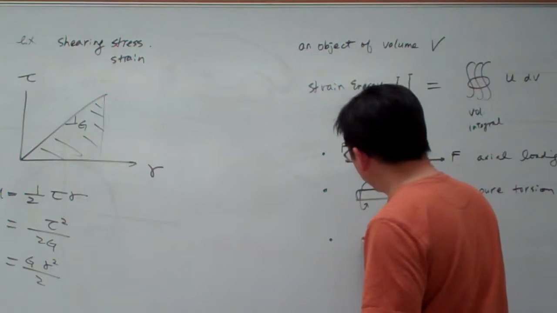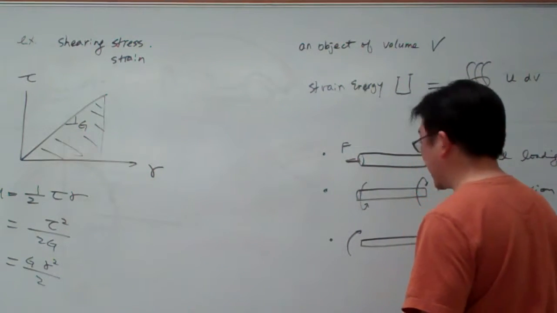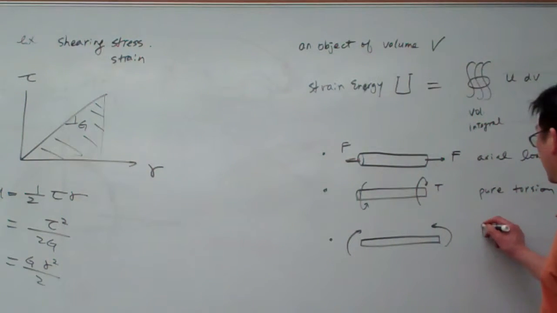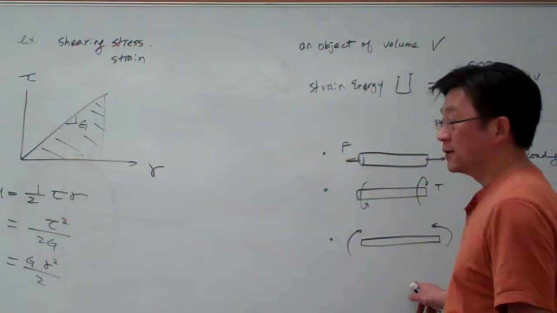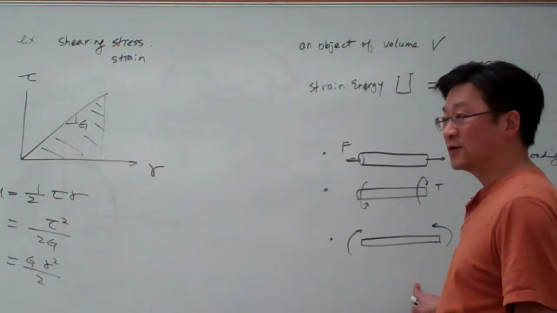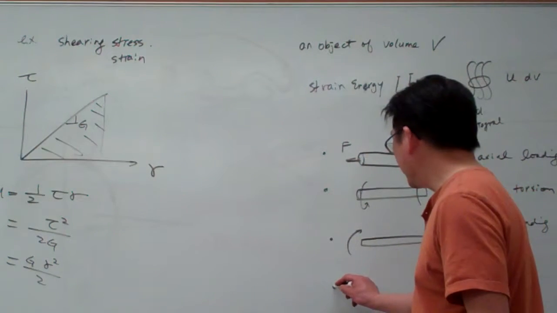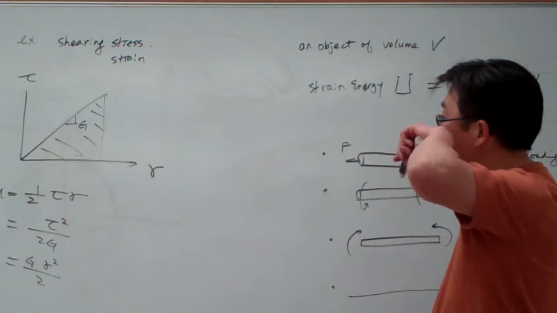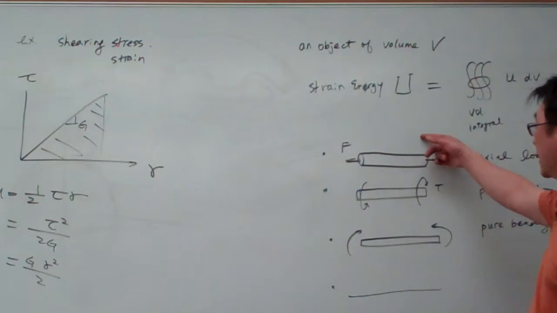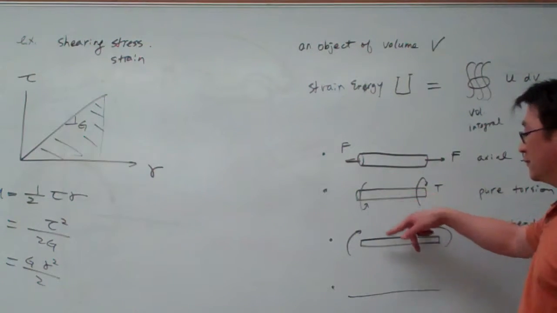And also we're going to formulate the strain energy or strain energy density for pure bending. And the final one is transverse loading. Usually that part is a little bit complicated, so I leave it. If necessary, we can talk about that one. So again, with the concept in mind, I will introduce the expression for each case.